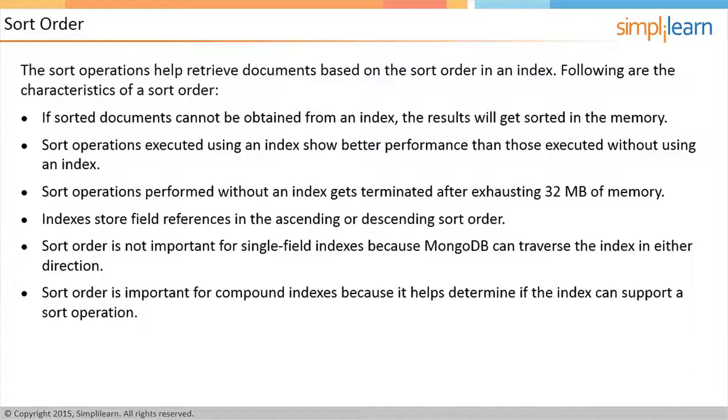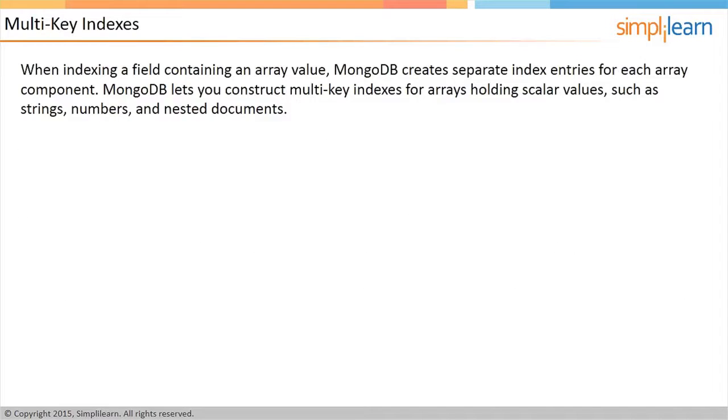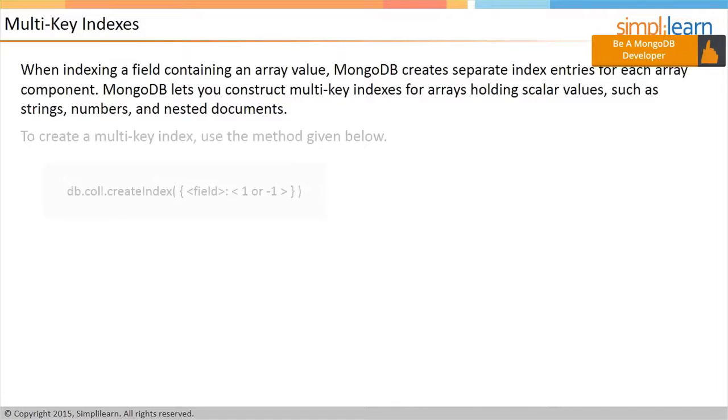When indexing a field containing an array value, MongoDB creates separate index entries for each array component. These multi-key indexes in queries match array elements with documents containing arrays and select them. You can construct multi-key indexes for arrays holding scalar values, such as strings, numbers, and nested documents.